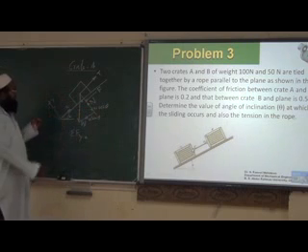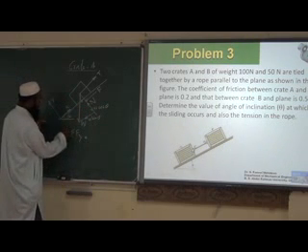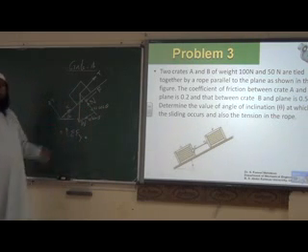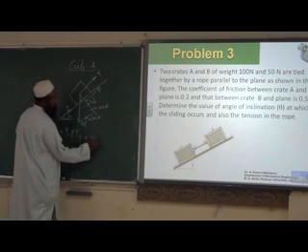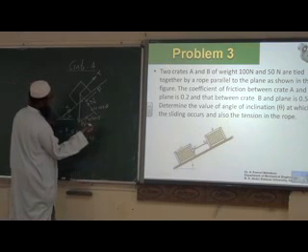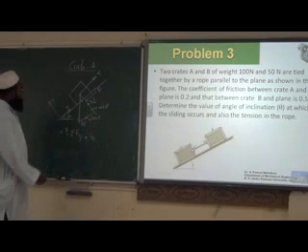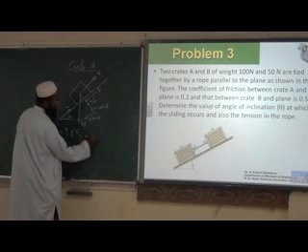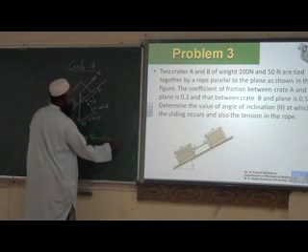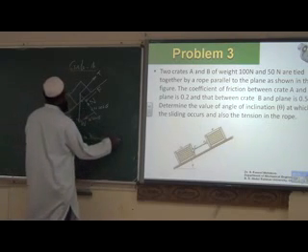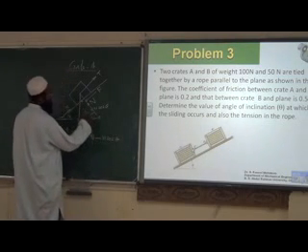So sigma Fy, if you consider upward positive, I have taken, N minus W cos theta.